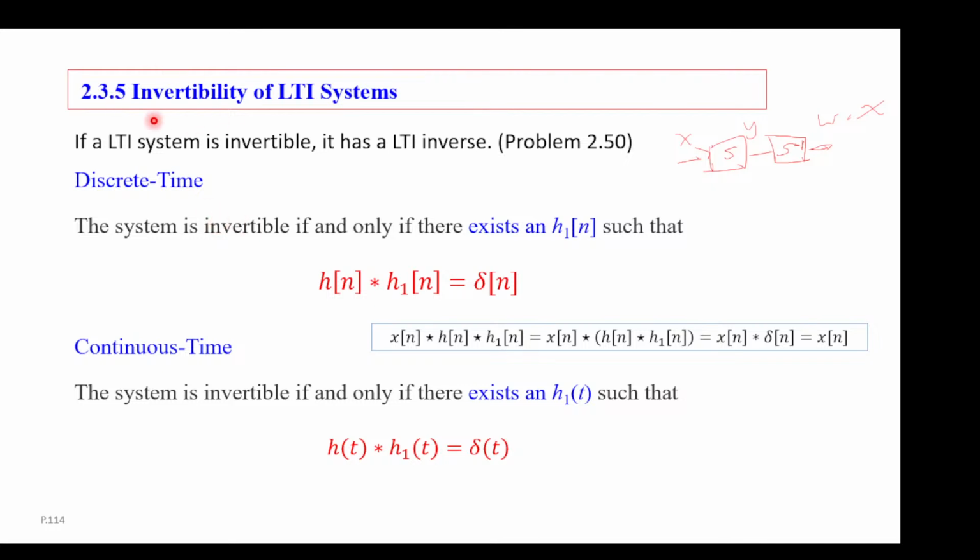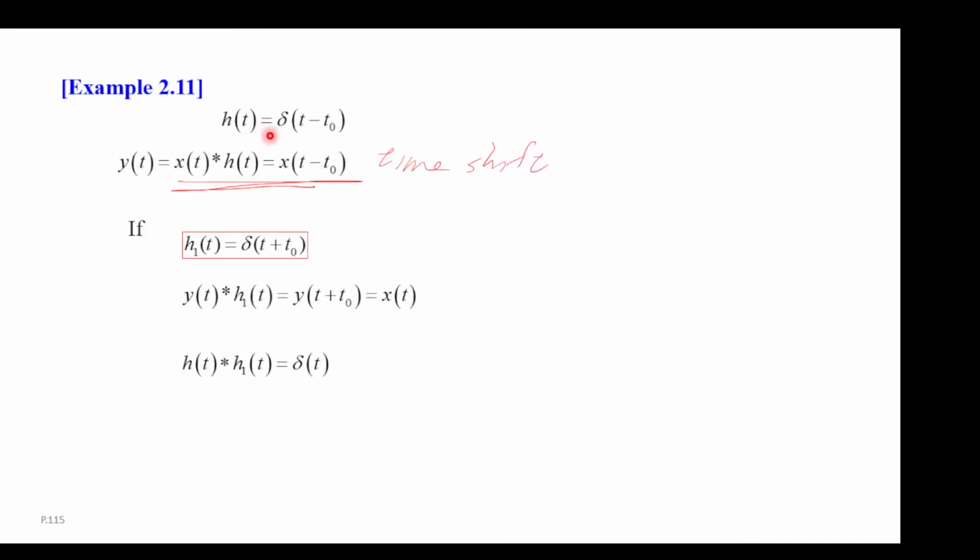We want the invertibility. So for invertibility, we want to find something that inverts the time shift, and very intuitively, you just want to do a time shift in the inverse direction. So instead of time shift by t0, you do time shift by minus t0. Then if you convolve your output y of t with this h1 function, you get y of t plus t0, and that's just x of t.